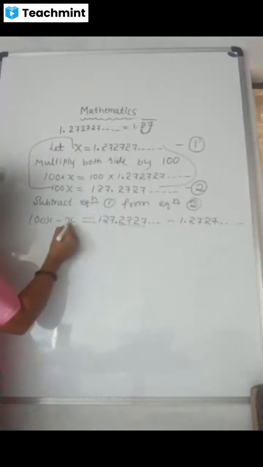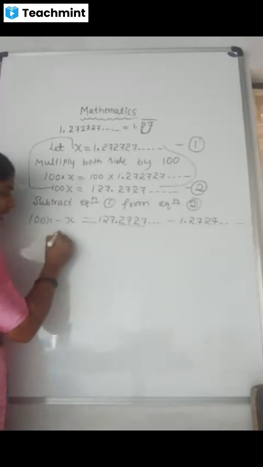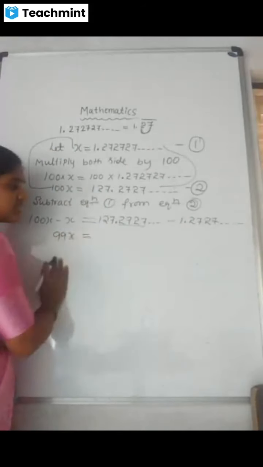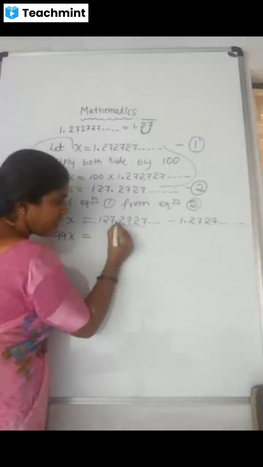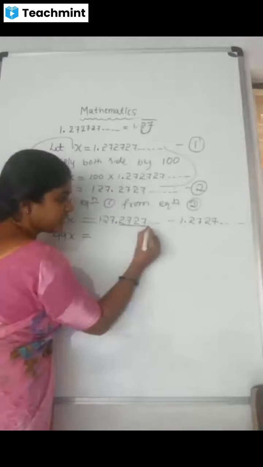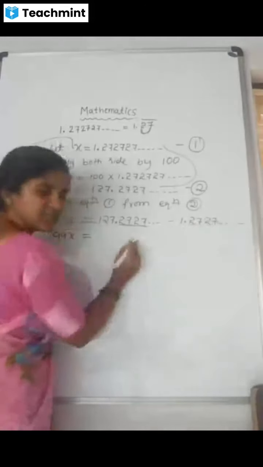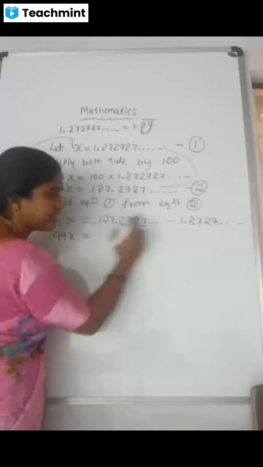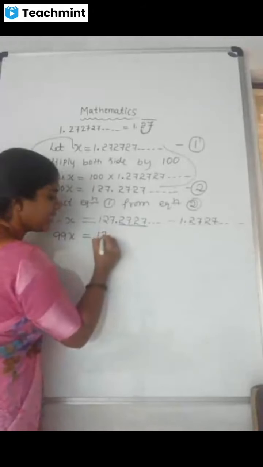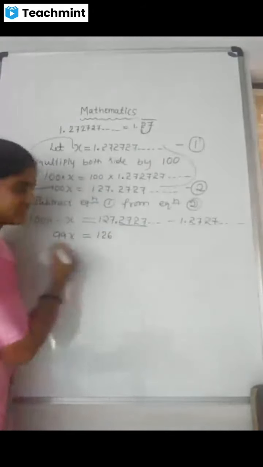Now 100x minus x, what is the answer? 99x, which is equal to, here we have to be very careful. After the decimal, 2727 minus 2727 gives 0 only. Next, 127 minus 1 gives 126.